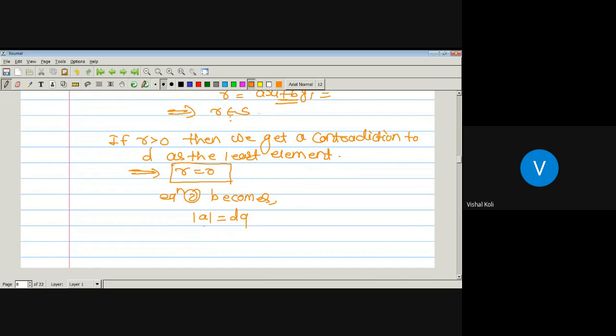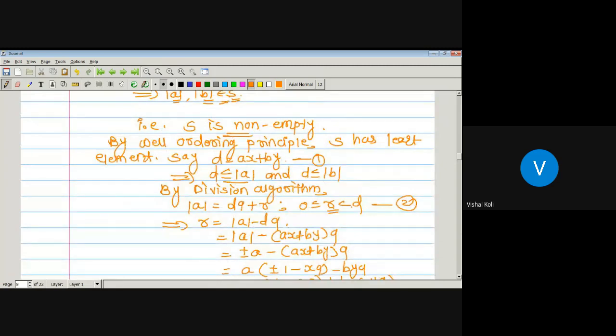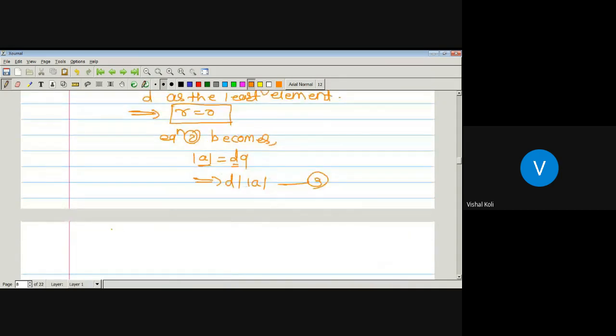Now, as modulus of A is a multiple of D, by the definition of divisibility, D divides modulus of A. If we apply the division algorithm on this one, then we get D divides modulus of B. In a similar manner, D divides modulus of B also.